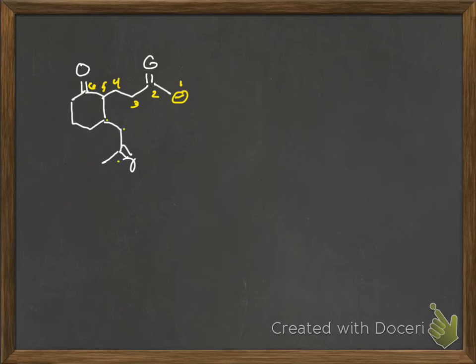Not the best idea. What about from down here? Could this do some sort, let's say our anion forms there, could this do some sort of strange alkylation? Well, let's count it. 1, 2, 3, 4, 5, 6. Yikes.